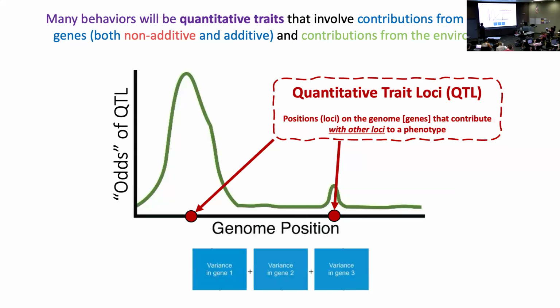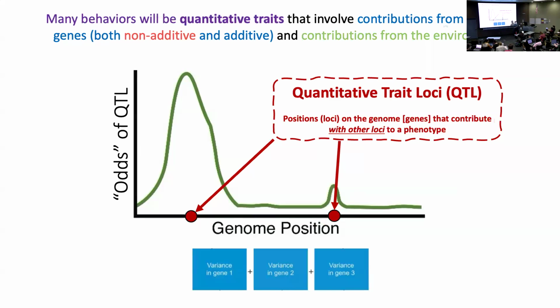Ideally, we'd like to have some way to sweep across this entire genome and ask how likely this behavior is to have some aspect of this gene contributing to it. And if you were to get this green line with these two bumps here, then you could say that this position and this position are the two quantitative trait loci that are contributing the most to this behavior.